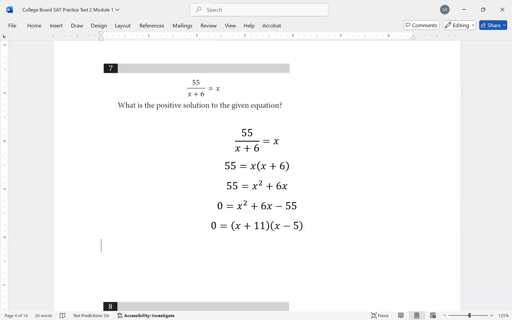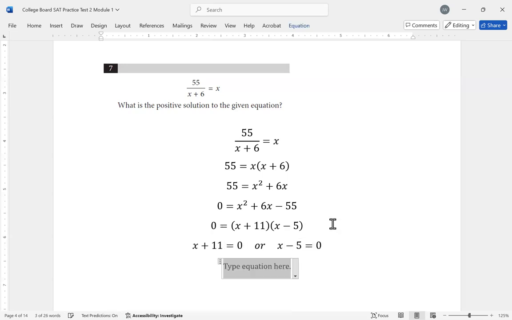Since I've factored and set equal to 0, I can set each component there equal to 0. So either x plus 11 is equal to 0, or x minus 5 is equal to 0. So we get x could be equal to negative 11, or x could be equal to positive 5.